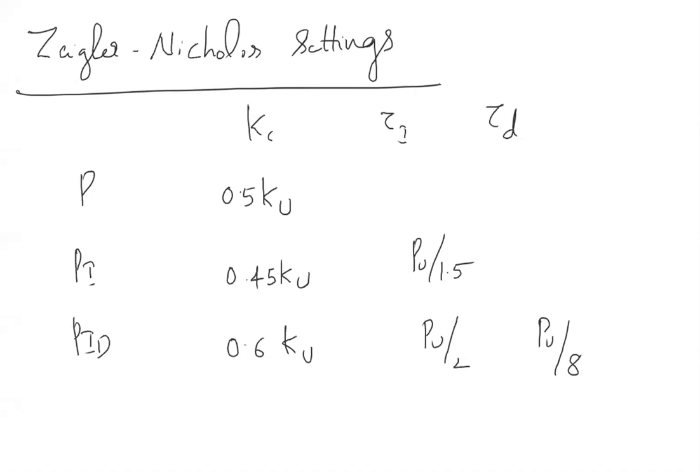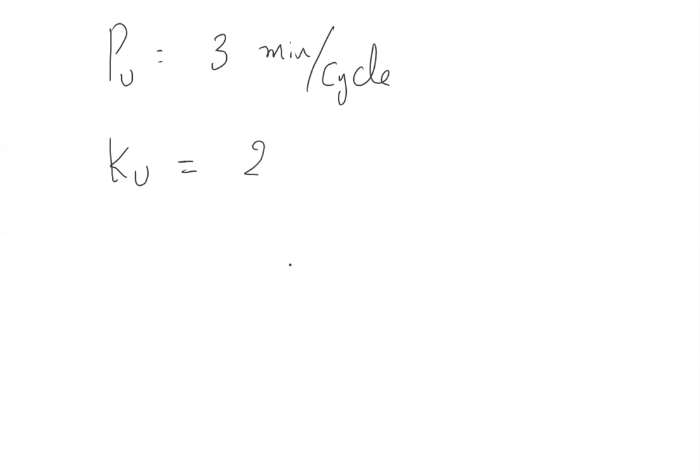So just write this problem. The value of ultimate period of oscillation is 3 minutes per cycle, and ultimate gain Ku is equal to 2.